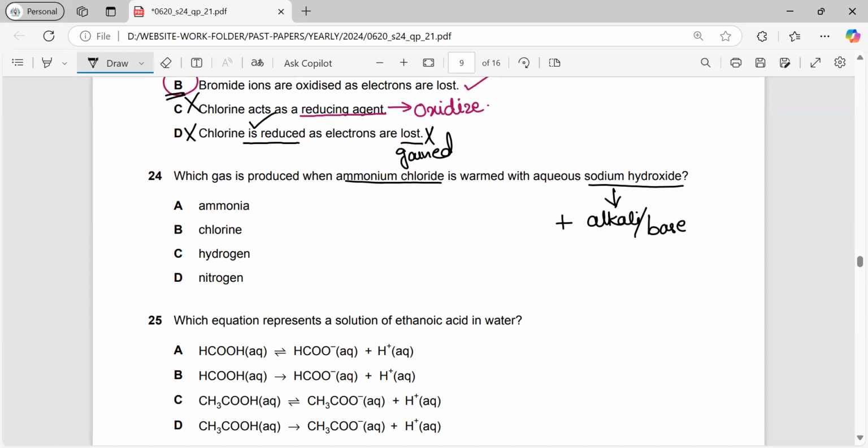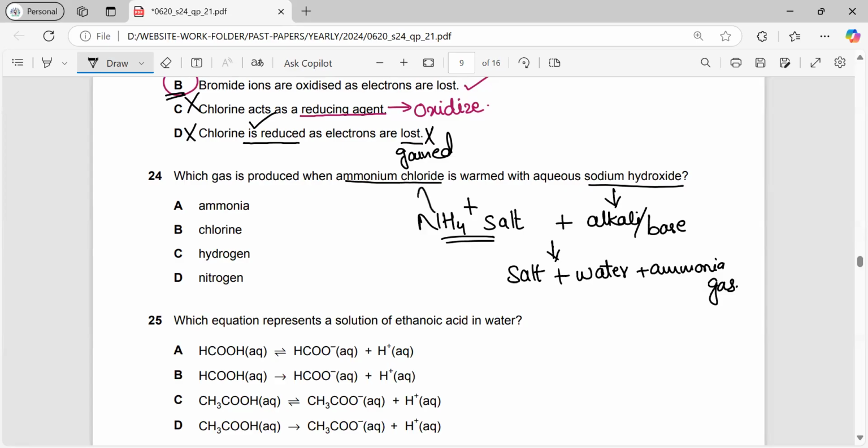Whenever a base or alkali reacts with any ammonium salt, they produce another salt, water, plus ammonia gas. So here, ammonium chloride, which is an ammonium salt, is reacting with sodium hydroxide, which is an alkali, and gives ammonia gas.